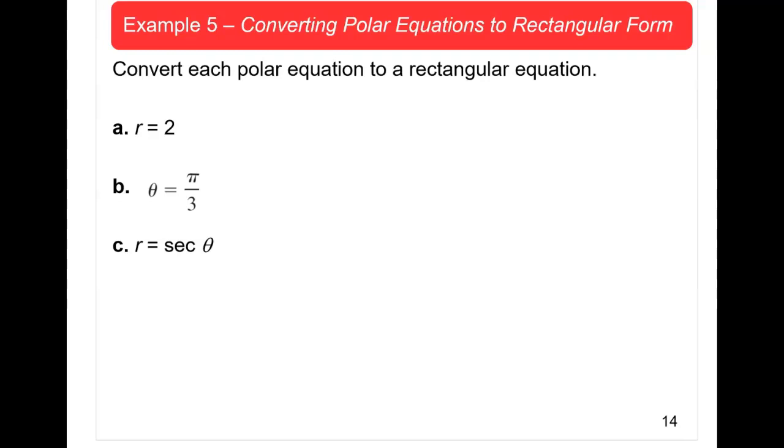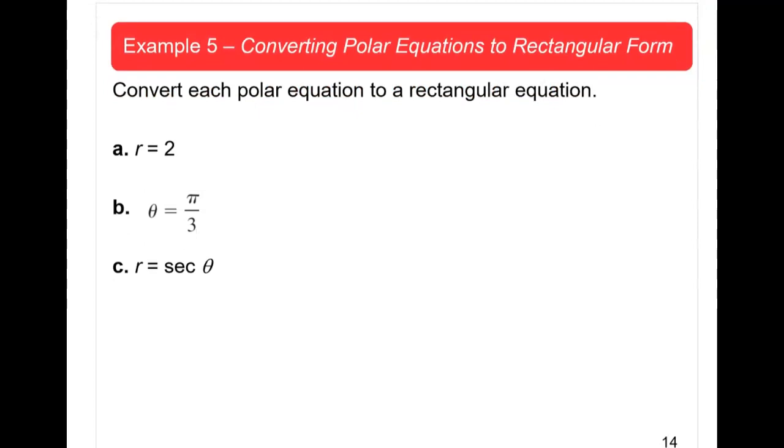So now we want things that might be like x equals something or y equals something. And let's see, we could have perhaps some lines, maybe some circles. So let's see what we're going to find.